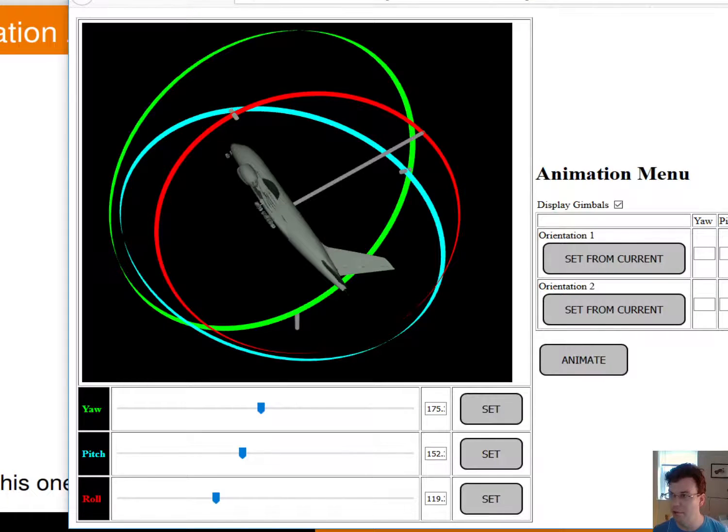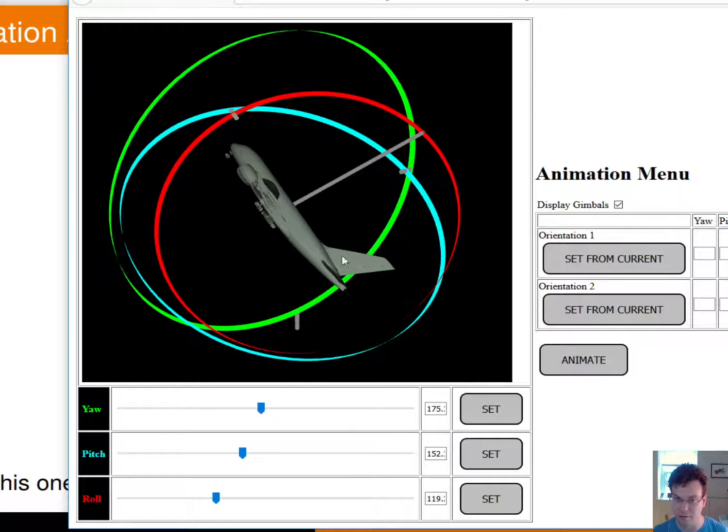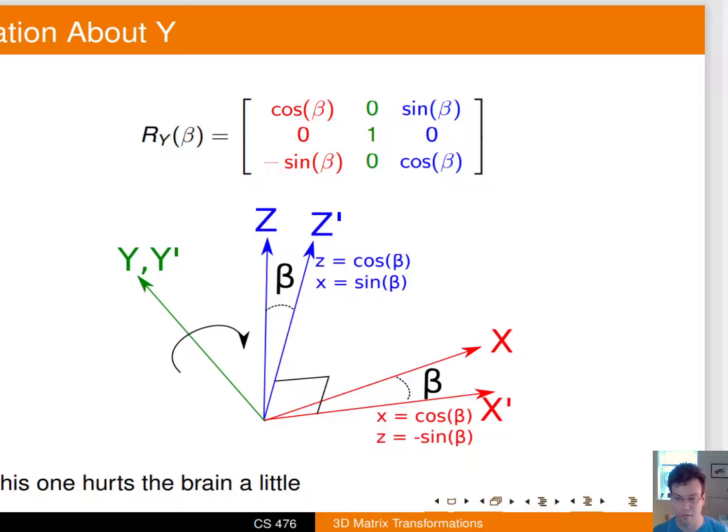And notice, no matter what we've done, we've kept these axes orthogonal. So what you'll see, even after I do a crazy sequence of rotations, is the matrix that gives rise to putting the plane in this direction will have 3 perpendicular columns. The columns will always remain mutually perpendicular. Okay, so now I want to have you play with rotations real quick, and then we will move on.